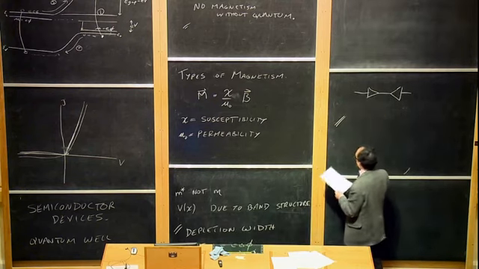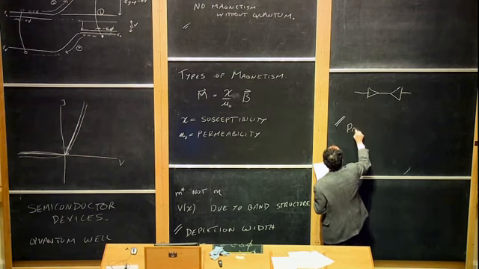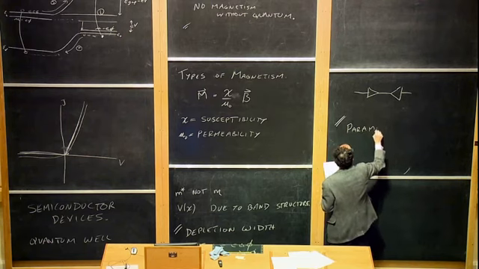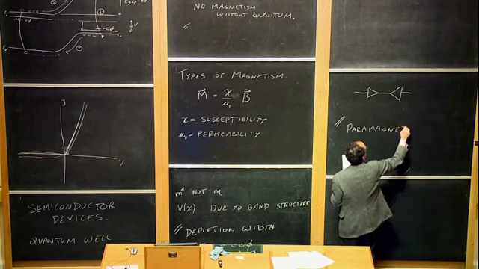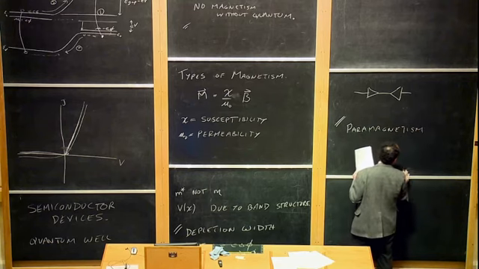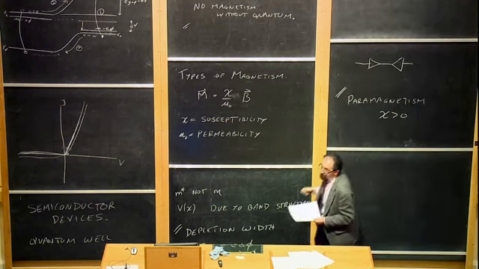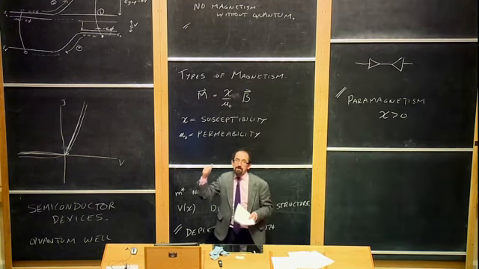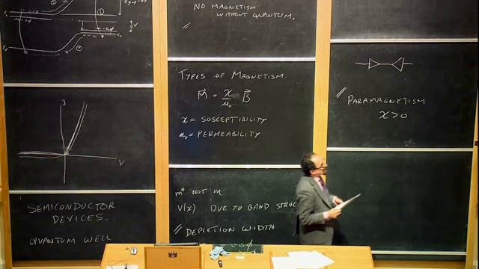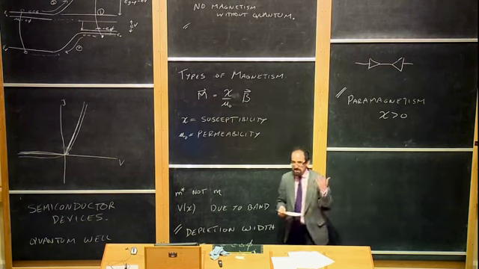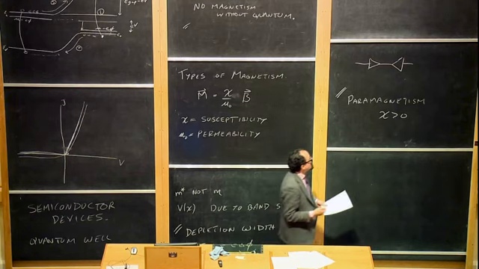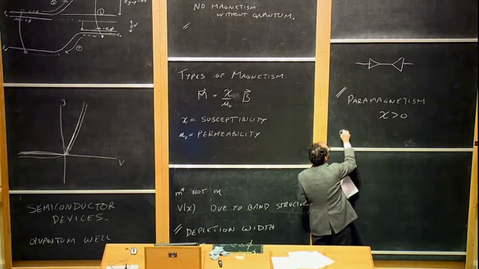Given that as a definition, there are a couple of kinds of magnetism that you can have. One is paramagnetism; a paramagnet is any material with chi greater than 0. In other words, you apply a magnetic field, and you get a magnetic moment in the same direction as the field that you applied, which seems to make some amount of sense. We know a couple of examples of that.